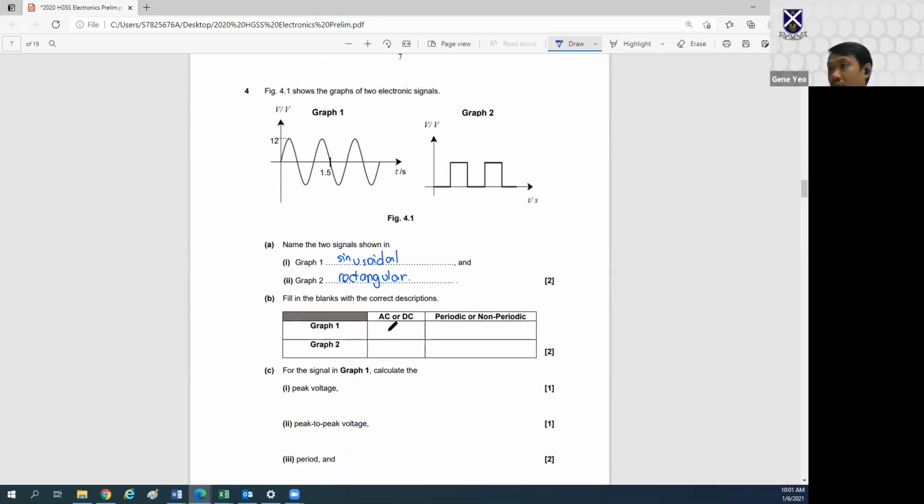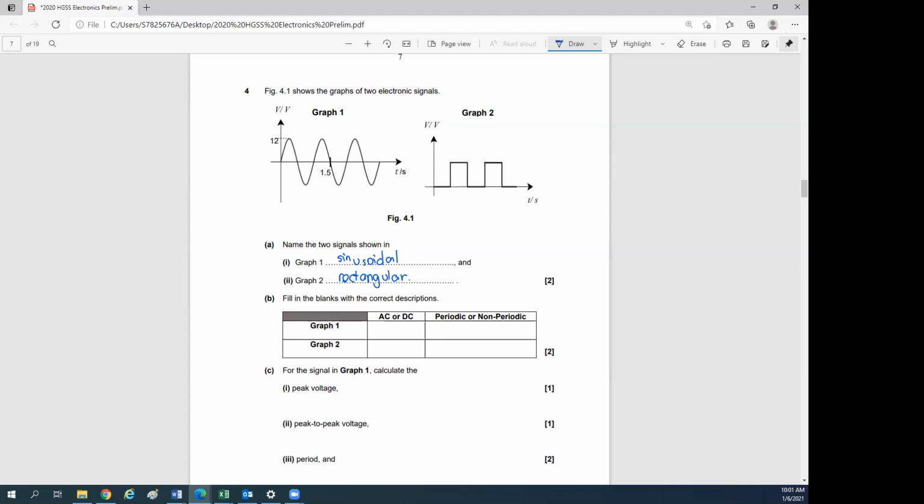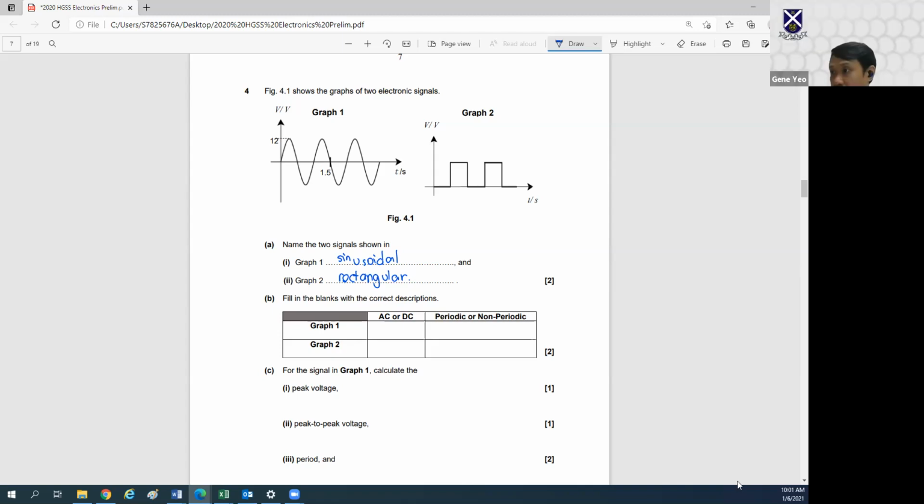Okay, so then next question is they ask whether it's AC or DC. So this fella, let's get Shreyans. Can you unmute yourself and say whether this is AC or DC? Graph 1 is AC. Yes, awesome, thank you. And what's graph 2?